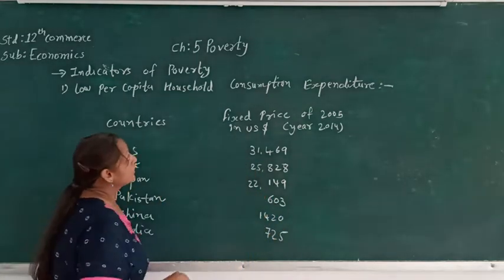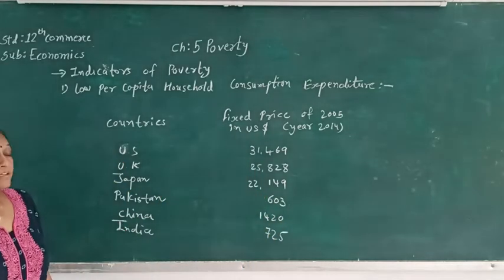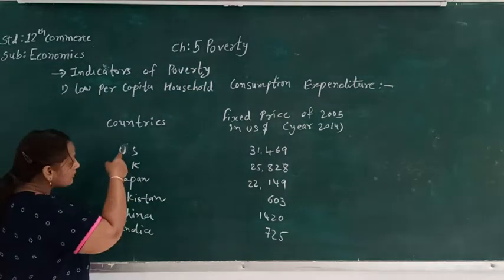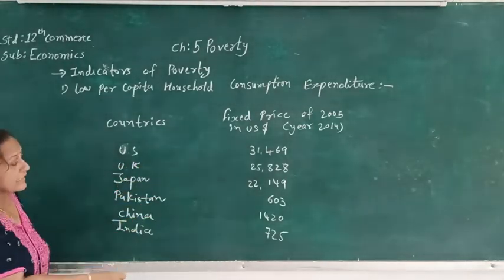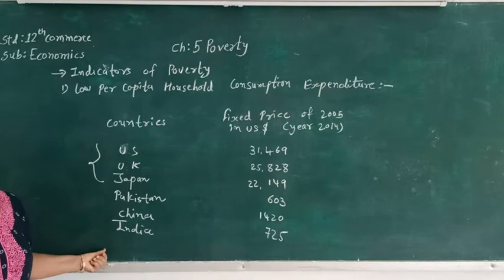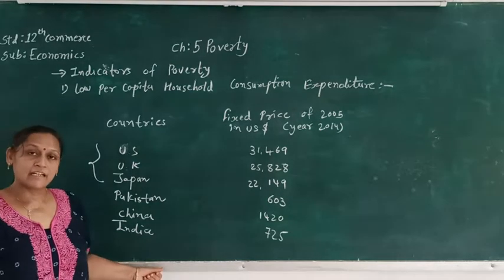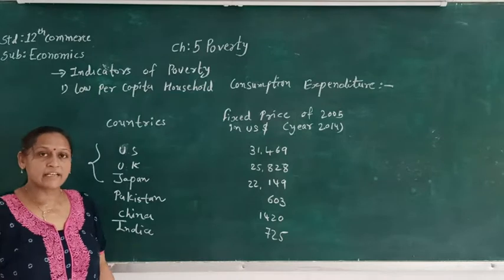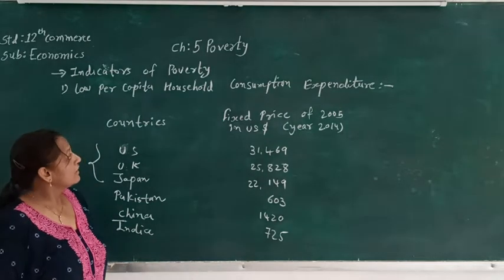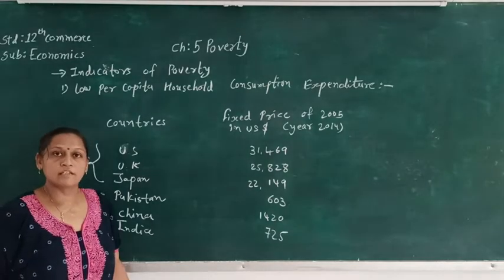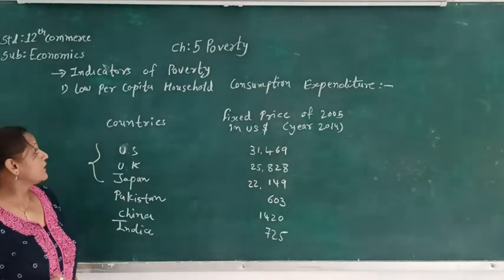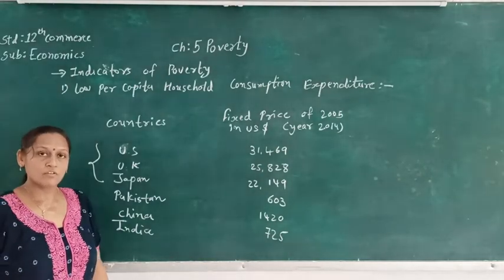This is per capita household consumption expenditure, and for the US, UK and Japan we can see that it is much higher than Pakistan, China and India, because the people there are not spending much money on their household consumption expenditure. So this is our first indicator of poverty. Students, you may note this down in your notebook.